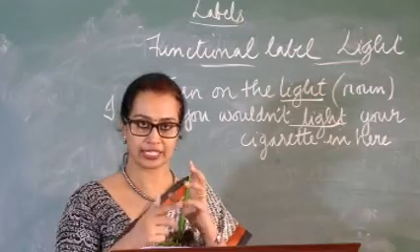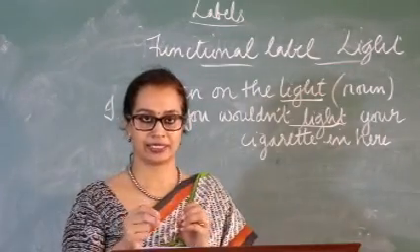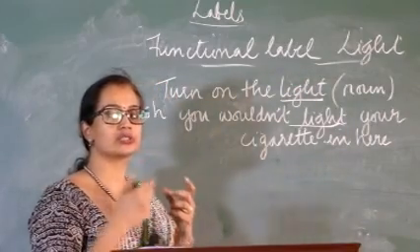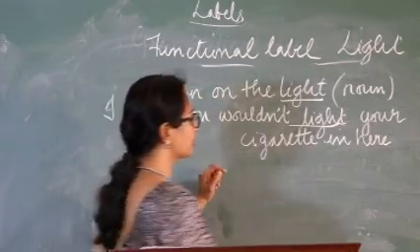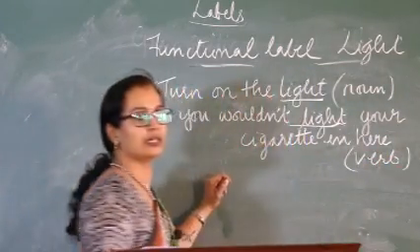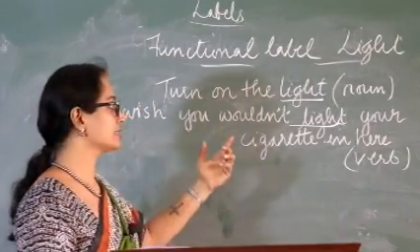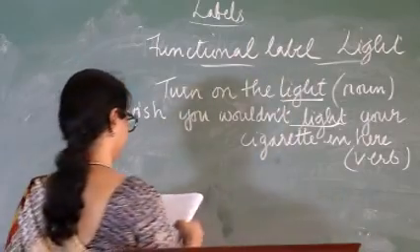So we can say that a word cannot be precisely labeled. It is labeled according to the function it does. So here it is a verb. Now let's take the next example.